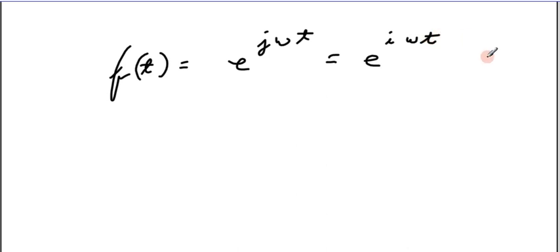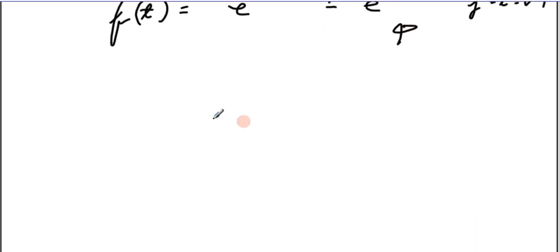Which one do you want to use? So either one, j or i, are both going to equal the square root of minus 1. They're both imaginary numbers. And I don't think the author does this, so it really doesn't matter. We'll use the i guy. Okay, so I want the Laplace transform of e to the i omega t.